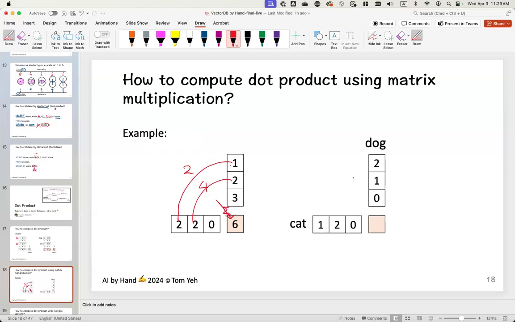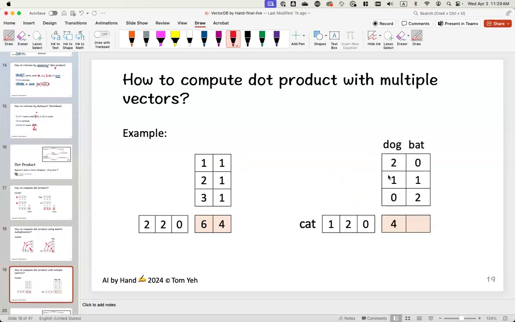How do we do dog and cat? We do 2 times 1 is 2, 1 times 2 is 2, and summing, I get 4 over here. So this gets exactly the same result, but this particular matrix multiplication is very scalable. Once we have a lot of animals we have to match, a lot of records in the database we have to compute, you could do that with a matrix multiplication, which I'm going to show you.